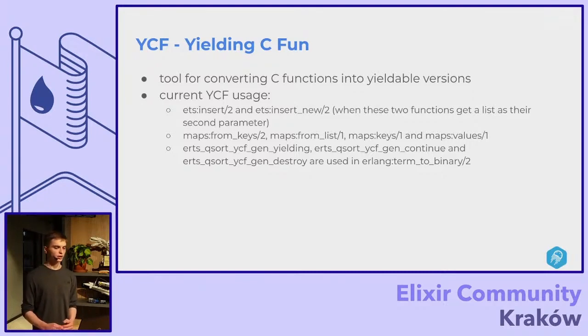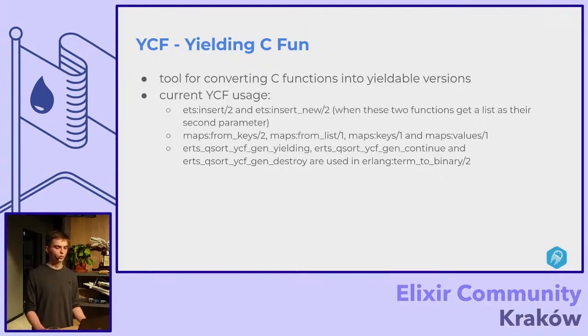And in the Erlang repository, I couldn't find documentation deployed online, but when you go into the source code, you can find a tool called yielding_c_fun, and this tool is responsible for converting your vanilla C code into a yieldable version. At the moment, at least the listed functions are implemented using yieldable C functions.